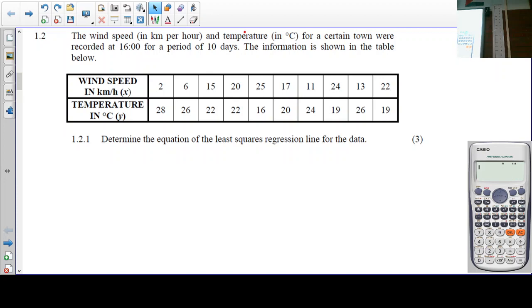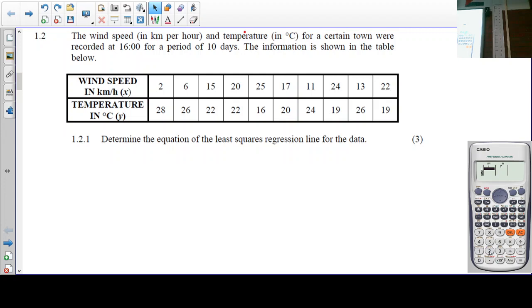So to calculate the least squares regression line, we press mode 3 for stat, 2 indicates a plus bx. Okay, so now we have 2 columns. The wind speed is x and the temperature in degrees Celsius is y.